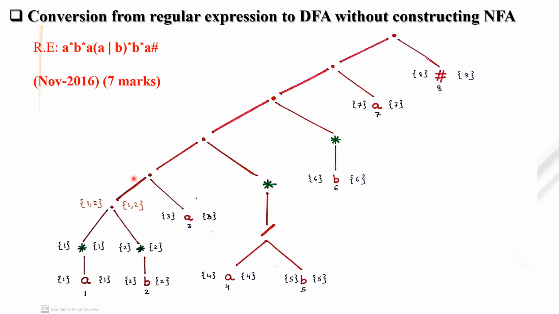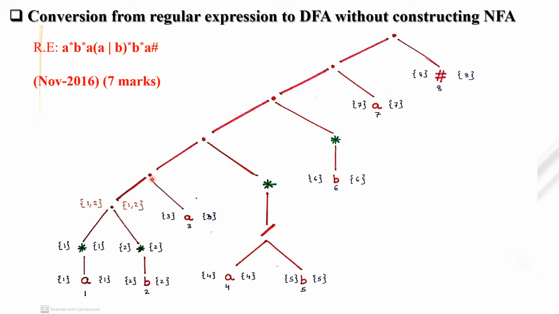Now what about this one? Here is a twist. For a concatenation symbol, if C1 is nullable and C2 is also nullable, then we have to consider this concatenation symbol as nullable. You have to keep this in mind. Here C1 is nullable, and C2 is nullable too, because both children are nullable.